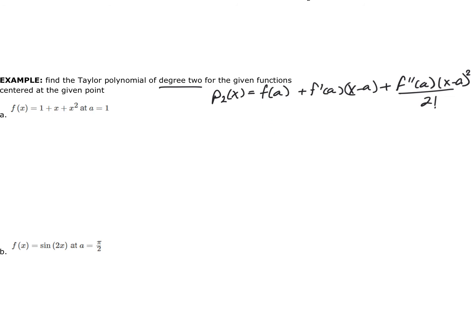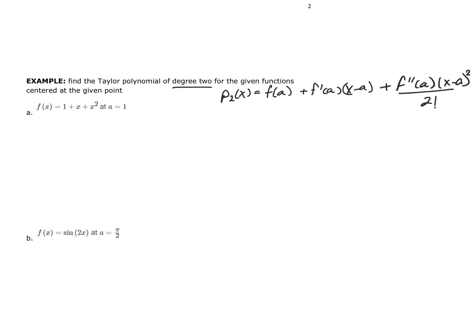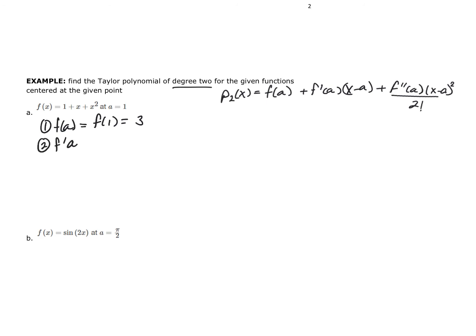So these are the things I'm going to need to find to fulfill this. I'm going to need to find f of a, which is f of 1. I put 1 in there, and I get 3 out, so 1 plus 1 plus 1, I get 3. I also need to find f prime of x evaluated at a.